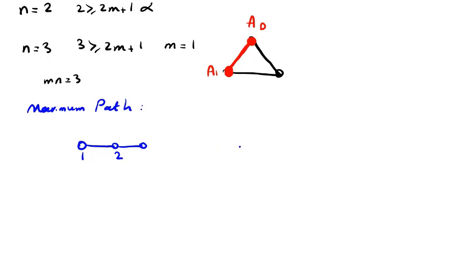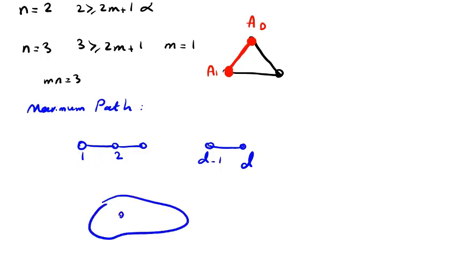So here you say, okay, suppose the maximum path, for example, has length k minus 1, with vertices 1 to k. If vertex 1 is connected to other vertices outside the path, then it is a contradiction because we would have a path that is longer than the maximum path.